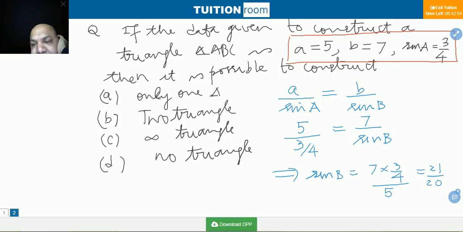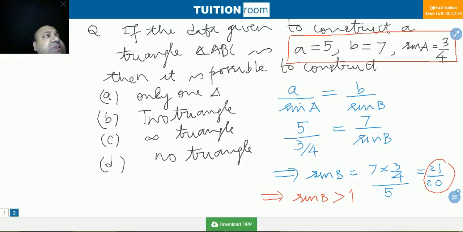Now we know that the sine of any angle can never exceed 1. Please see this number. This number is greater than 1. Sine B greater than 1. Is it possible? The sine of any angle cannot exceed 1. Maximum it can be 1, but it cannot be more than 1.